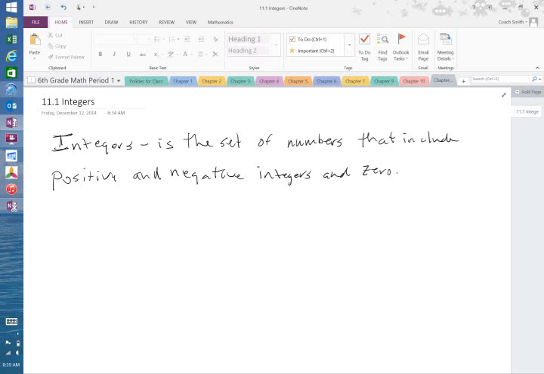And they used basically the counting numbers, or what some people will call whole numbers. Okay? So first of all, positive integers are the positive counting numbers. Okay, and as I said, some people will call those whole numbers.